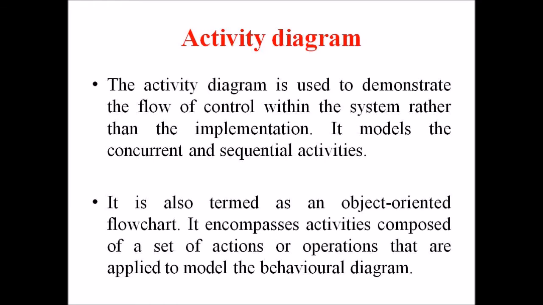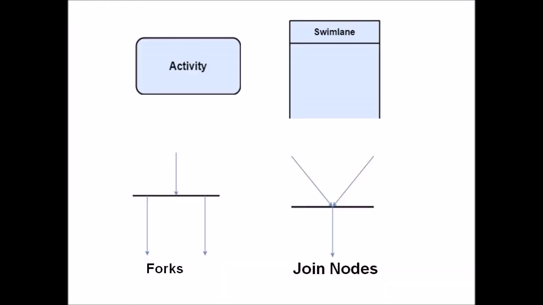Next we are dealing with the components associated with the activity diagram. An activity diagram is composed of the following components. First of all, we are dealing with the term activities. The categorization of behavior into one or more actions is termed as an activity. In other words, an activity is a network of nodes that are connected by edges.